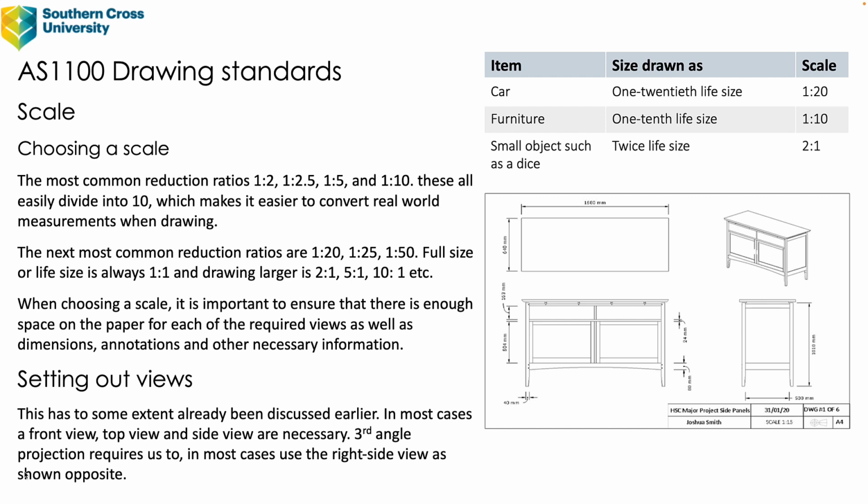Setting out views. We've already discussed this to some extent. In most cases, a front view, top view, and side view are necessary. Third angle projection requires us to, in most cases, use the right side view as shown opposite.